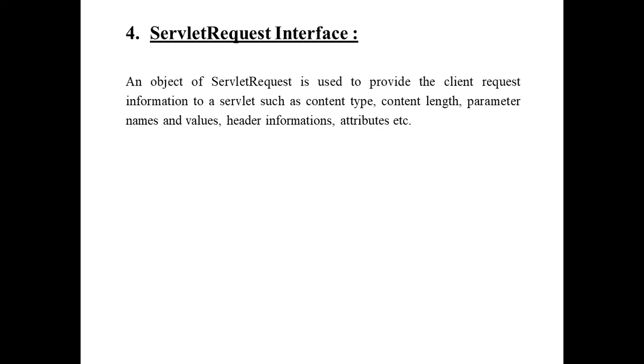That information contains the content type, content length, parameter names and values, header information and attributes. This is all the information present in the client request. So this interface is mainly used to gather information about the client related to the content type, content length, parameter names, header information, and also attributes.